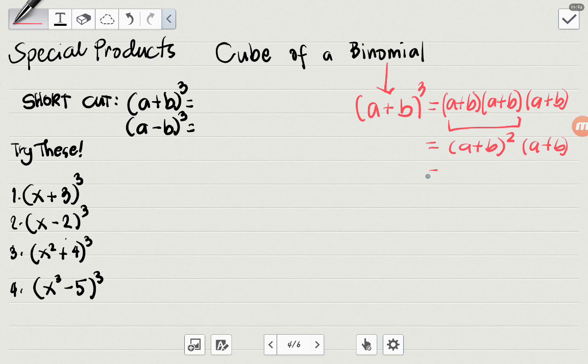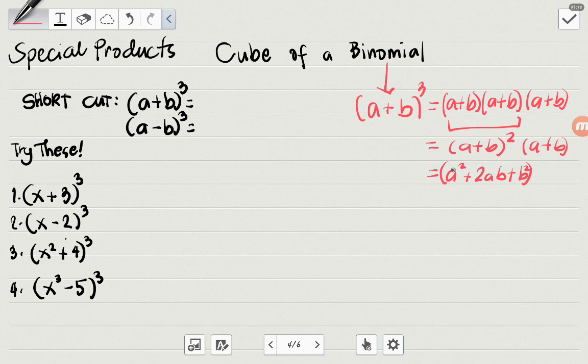Okay, so, alam naman natin na ang square of a binomial, a plus b, ay may tatlong terms sa kanyang sagot. Which is, ang first term ay square lang nito, a square, plus twice ng product ni a and b, plus yung square ni b.